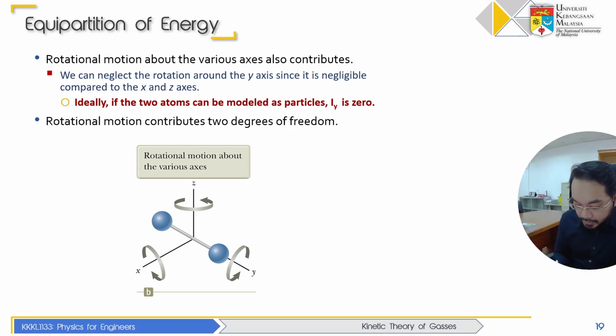It can spin about the X axis, so it's spinning like that, and it can spin about the Z axis, so it can also spin like that, and it can spin about the Y axis here. The Y axis is spinning without any change in moment of inertia throughout, so the motion here does not contribute any energy at all.